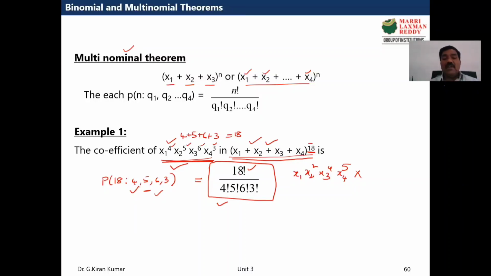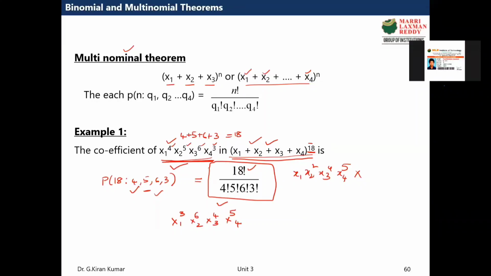Now tell me, what is the coefficient of, I'll give another term, x1 power 3, x2 power 6, x3 power 4, and x4 power 5? First of all, will it be a valid term in this expansion? Yes, sir, valid.